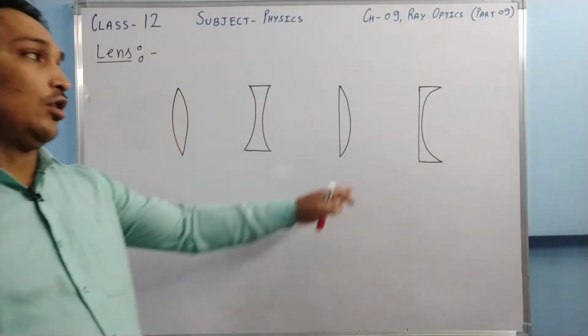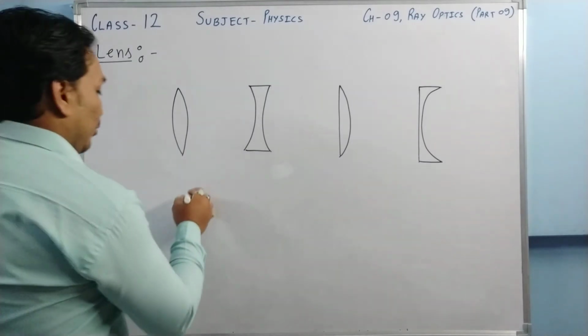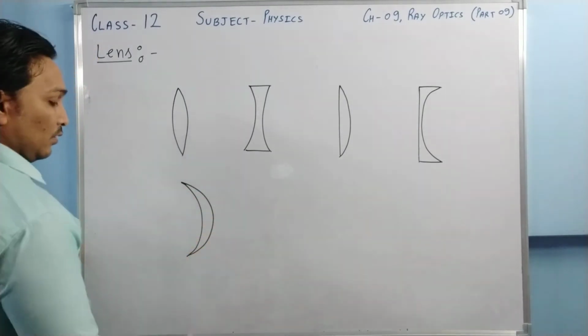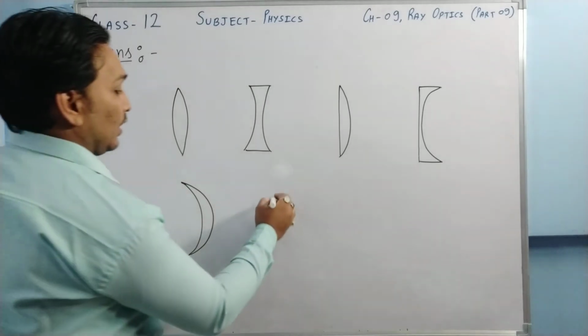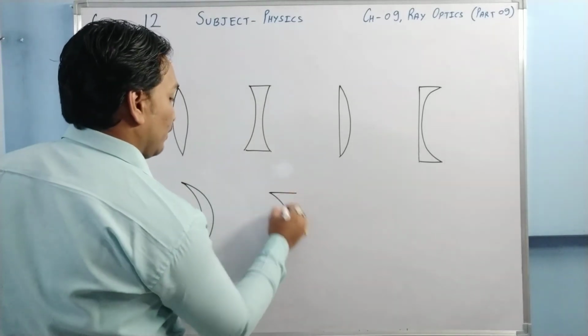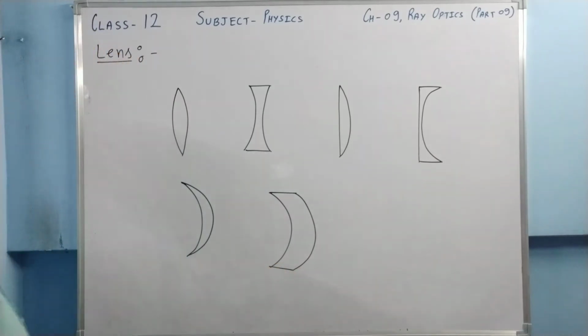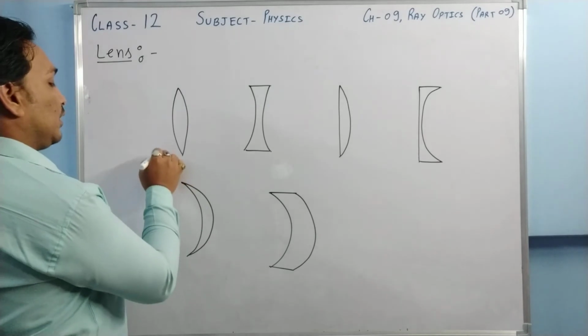Other lenses can be made like this. If the lens is like this, it is called concavo-convex. And this lens is called convexo-concave.